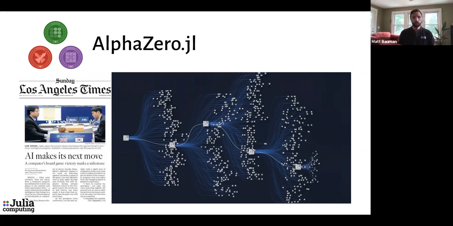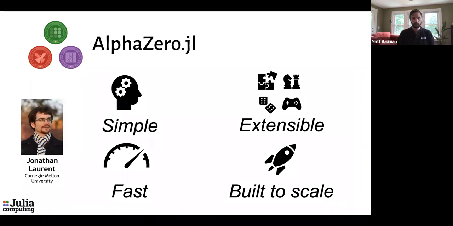And so Jonathan Laurent at Carnegie Mellon University has created and put together this very impressive open source package called AlphaZero.jl that has these reinforcement learning techniques built into it entirely in pure Julia code. I think latest count it's somewhere between 2,000 and 3,000 lines of code, the core algorithm is. And so it's relatively simple.